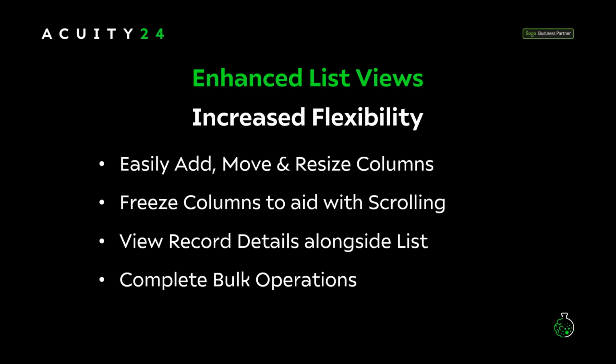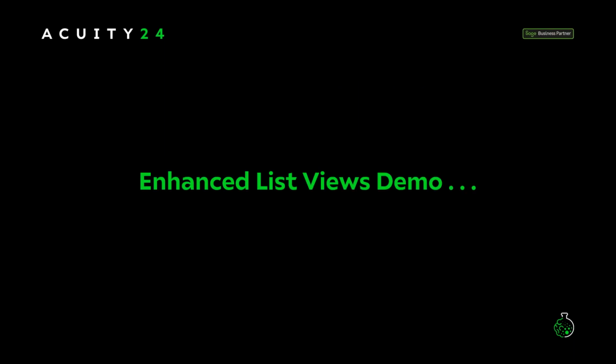I'm going to shortly switch to my demo system again to highlight just a few of the advantages of the new enhanced list over the action list. You'll see on the current slide a short list of the advantages of using the new lists, and allow me to demonstrate these to you. So I'm going to switch back to my demo system.